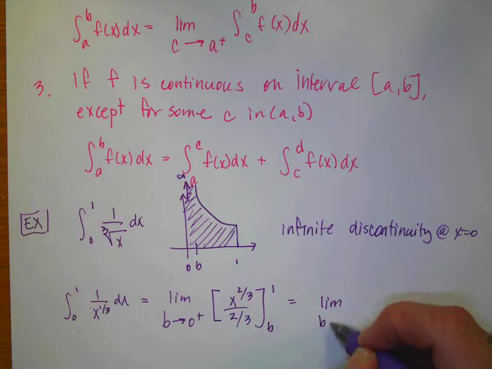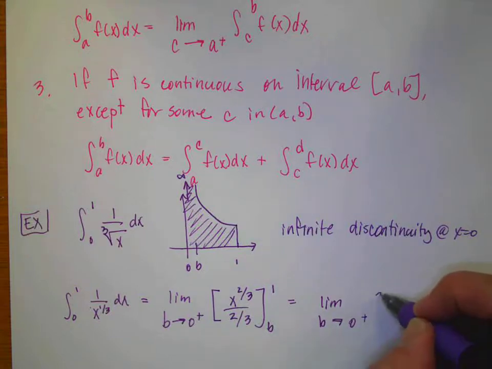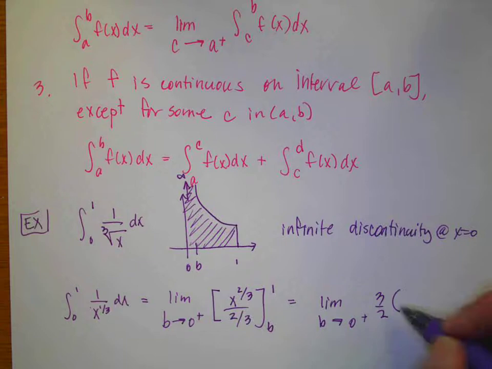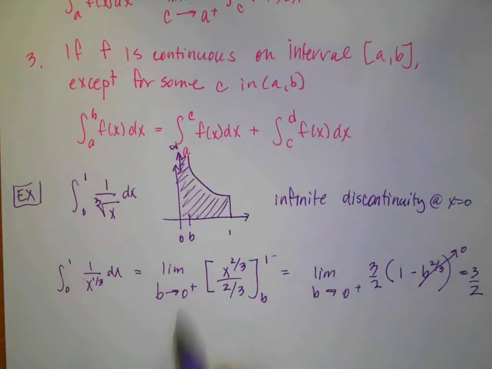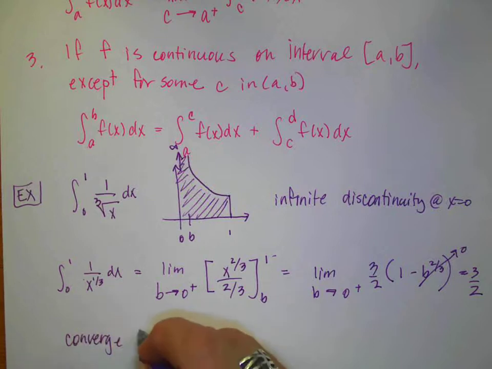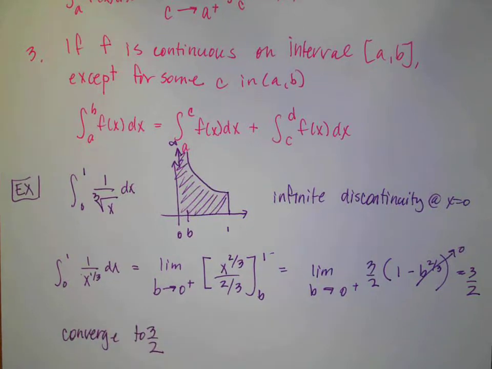This is the limit as b approaches 0 from the right of 3/2 times 1 minus b to the 2/3, and as b comes in from the right, this goes to 0, so my limit is going to equal 3/2. So the area converges, and it converges to 3/2.